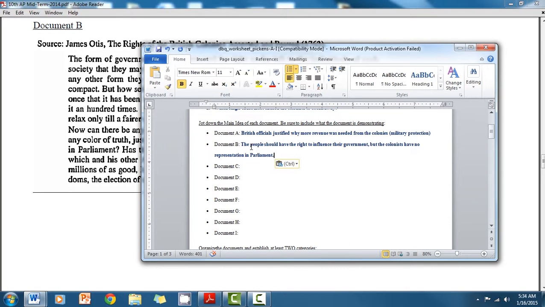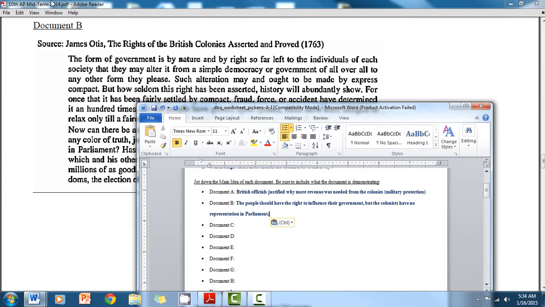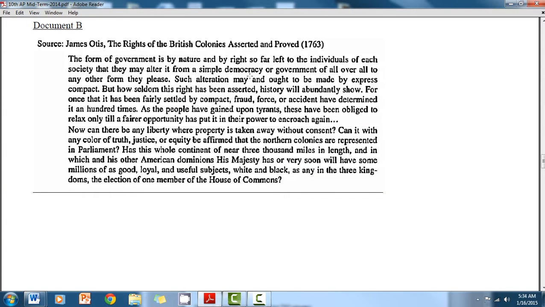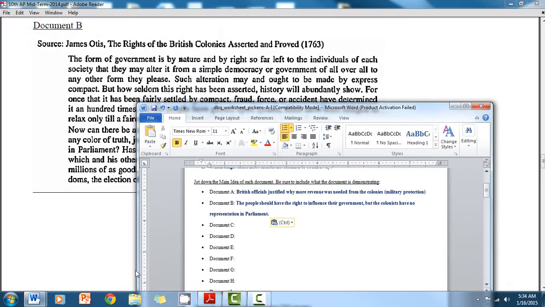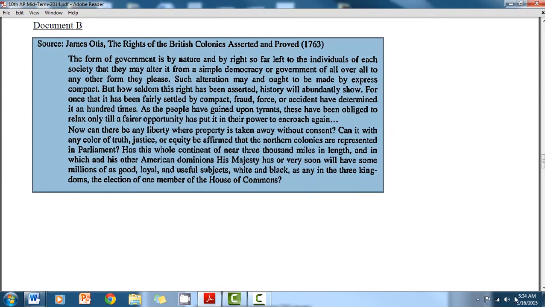One example of a main idea sentence: the people should have the right to influence their government, but the colonists have no representation in Parliament. Reading through this document, we get a glimpse of his governmental beliefs and his primary point, which of course was that the colonists had no representation.